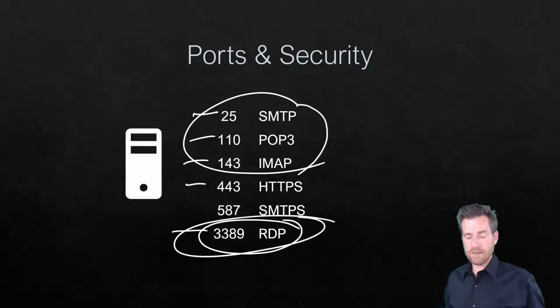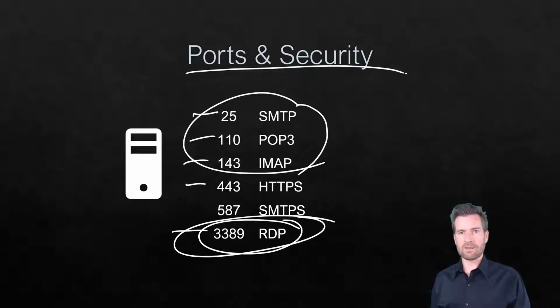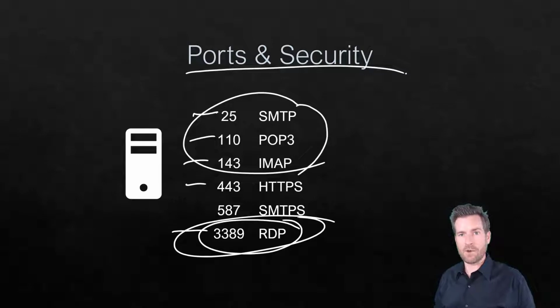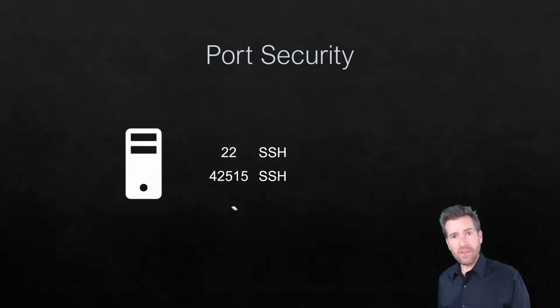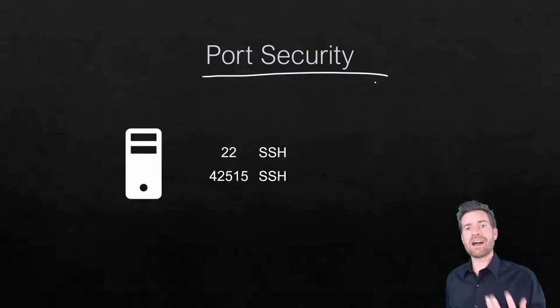So that's a little bit about ports and port security. You do want to be concerned about opening up all these different ports and services on the box, because that can open up potential vulnerability and expose that box to things that you don't necessarily want to expose it to.